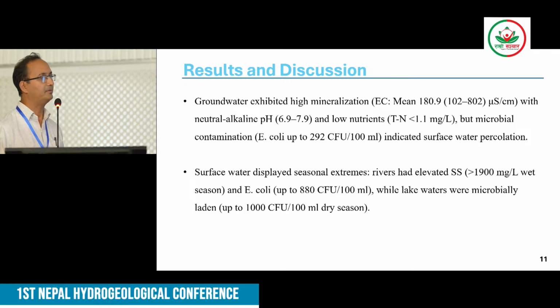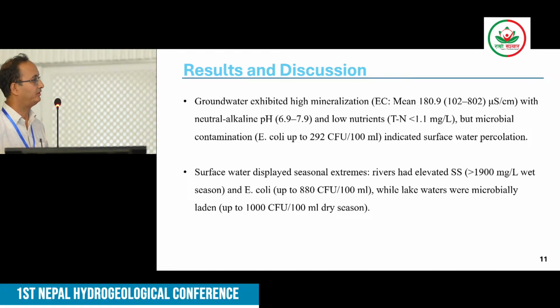But the E. coli microbial contamination is very high. You can see the maximum is like 292 CFU per 100 ml. So this indicates that the groundwater is contaminated with E. coli, and the mineralization is also high.